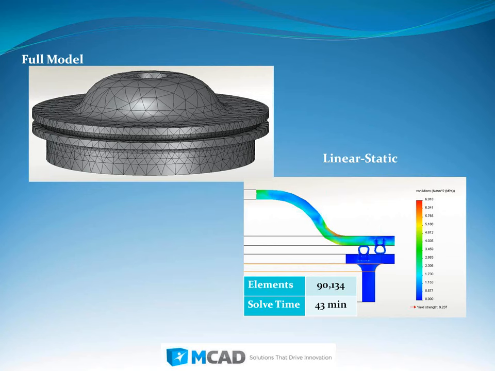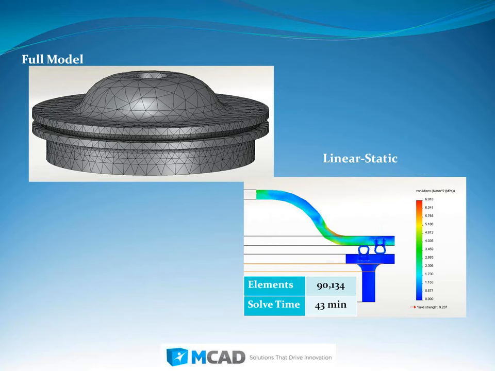So for very coarse mesh, we have 90,000 elements at a solve time of 43 minutes. As I mentioned before, it's important to have a couple of elements through the thickness of any member where you're trying to resolve stresses. And you'll see here on the view of the mesh, there's only one element through that thickness. So this solved in 43 minutes, and it's not a very good model, just looking at that from that standpoint.